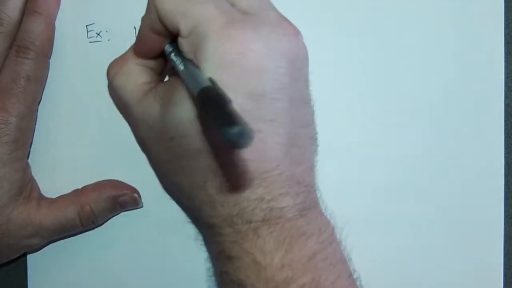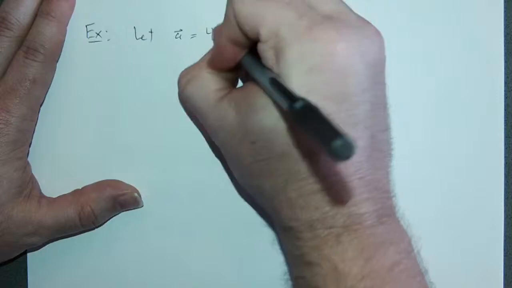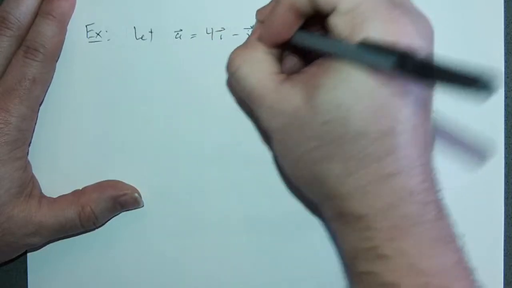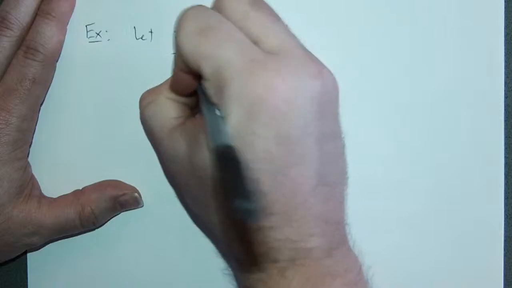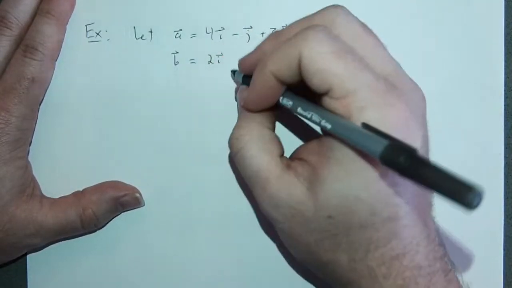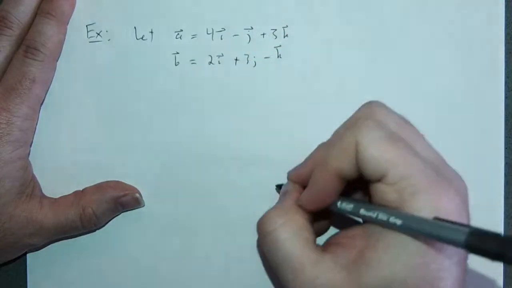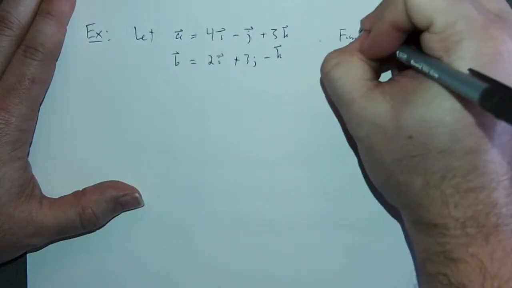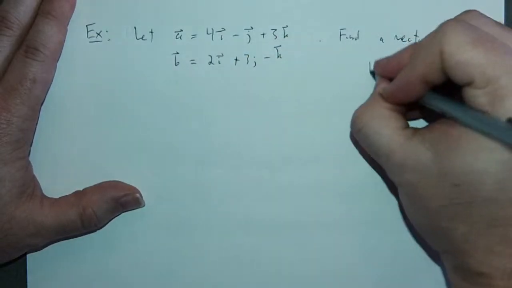Let A be the vector 4i minus j plus 3k, and let B be the vector 2i plus 3j minus k. Find a vector perpendicular to A and B.